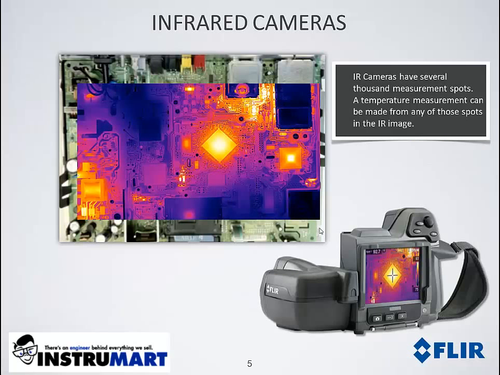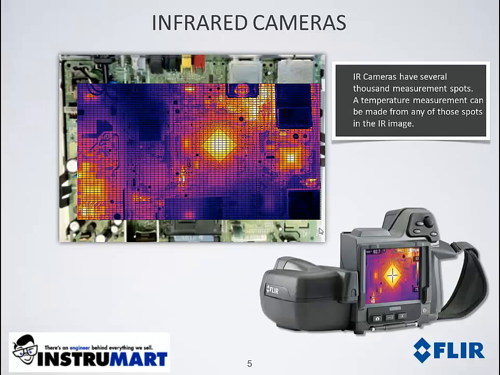Now, because our image is made up of individual detector element measurements, we can use analysis tools to highlight specific elements and display their respective values. For example, I can use an area analysis tool to display the maximum, minimum, or average temperature within an area.